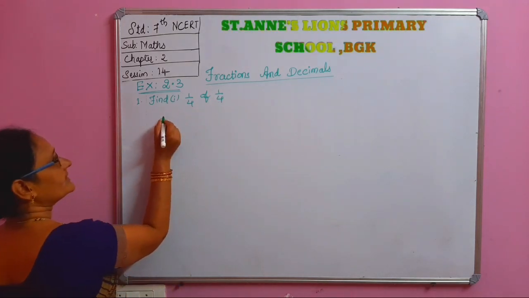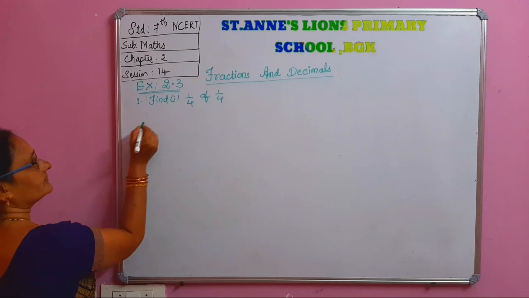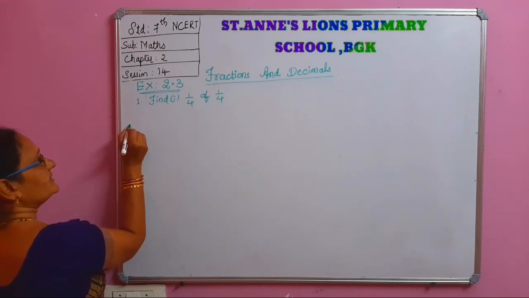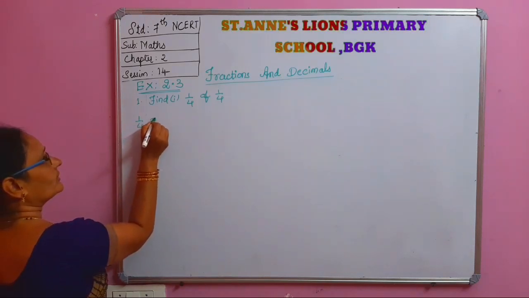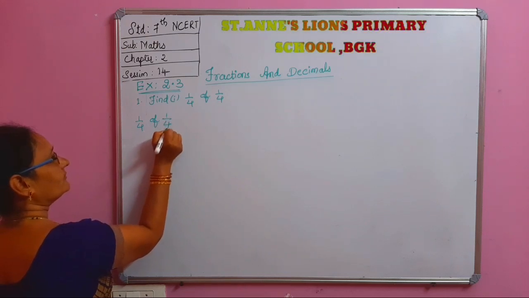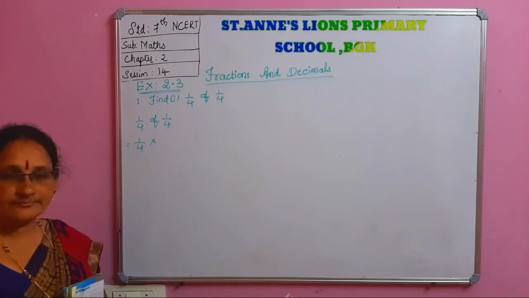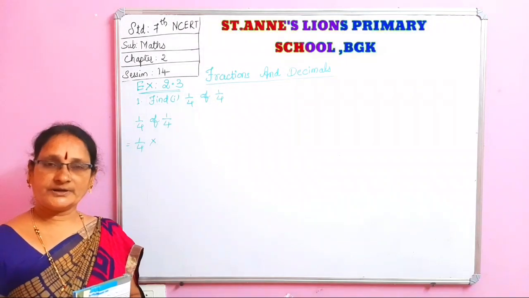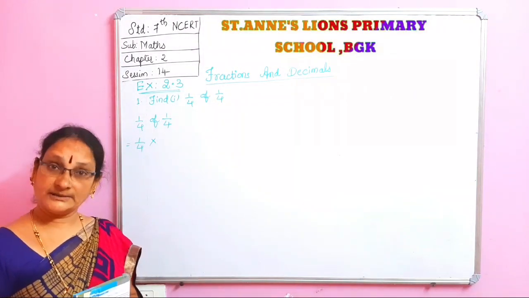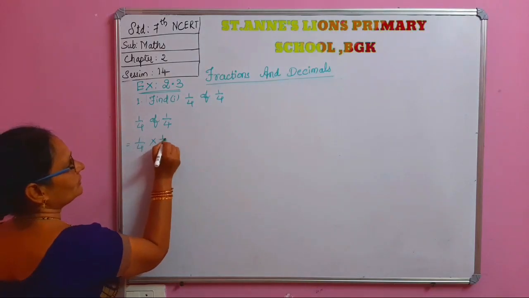Do you know the meaning of 'of'? The given problem is 1 by 4 of 1 by 4. What is 'of'? 'Of' means multiplication. The operation 'of' is nothing but multiplication. So 1 by 4 into 1 by 4.